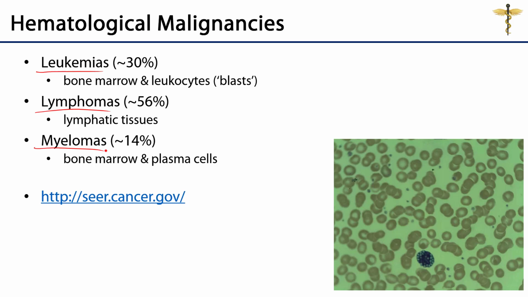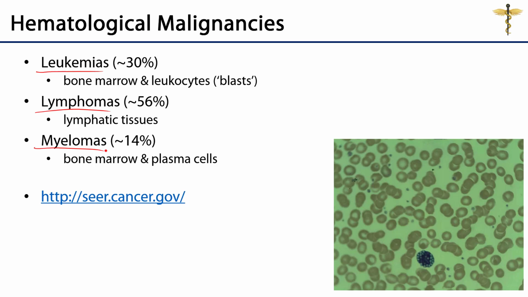Typically, these are malignancies resulting from bone marrow or leukocytes. In particular, you see an overabundance of immature white blood cells, but there are also forms of leukemia where you see an overabundance of mature white blood cells that just aren't formed properly. So this accounts for about a third of hematological malignancies.